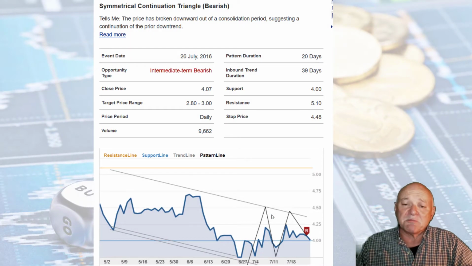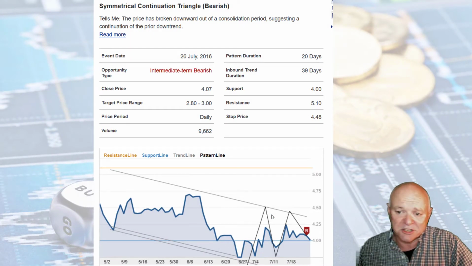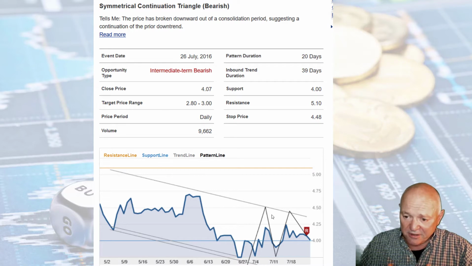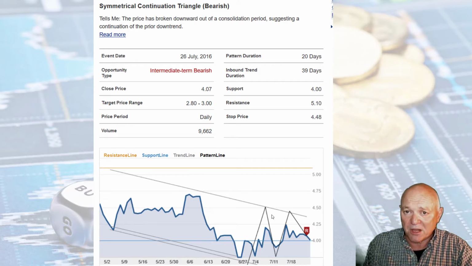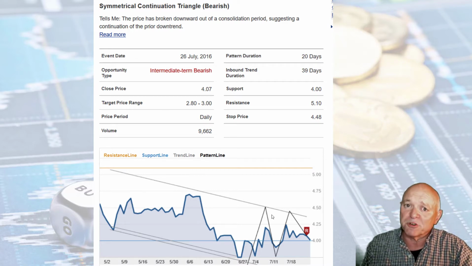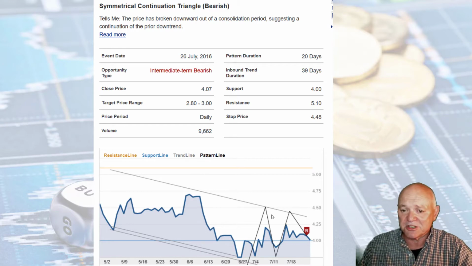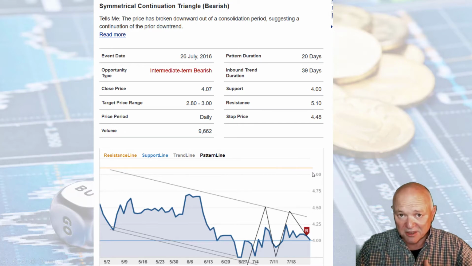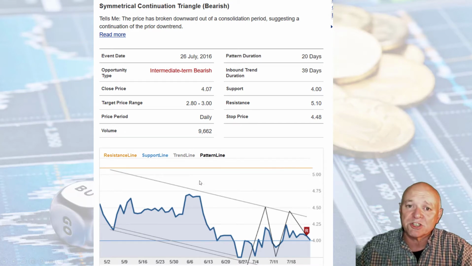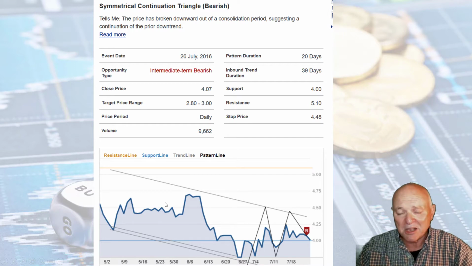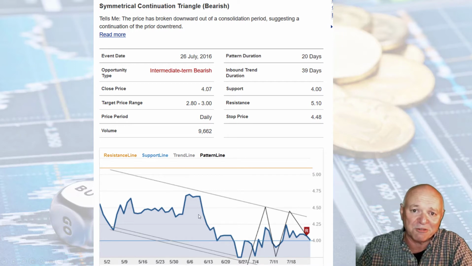When we say a symmetrical continuation triangle is a bearish indicator, I get this information. There are several things I'd need to know about first before I look at the results. To start with, at the top of the chart I have a golden line. That's my resistance line. In other words, this is kind of a ceiling against which the share price has tended to bump before it recovers, before it falls down.